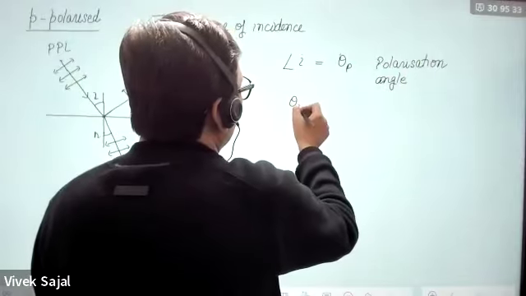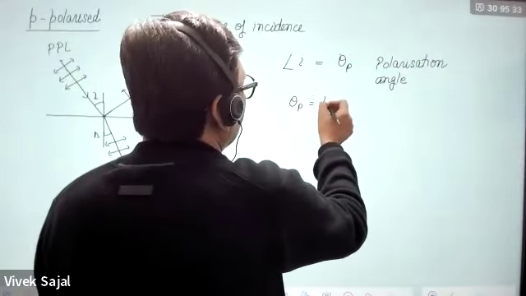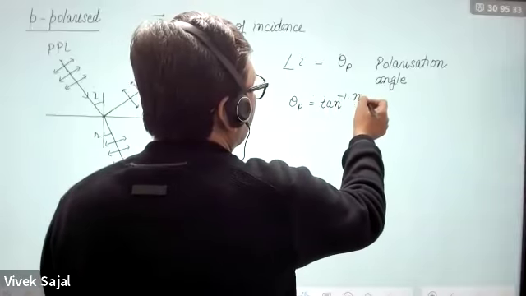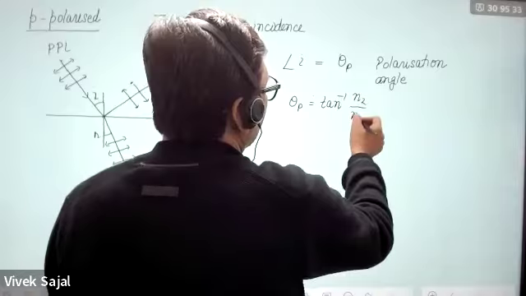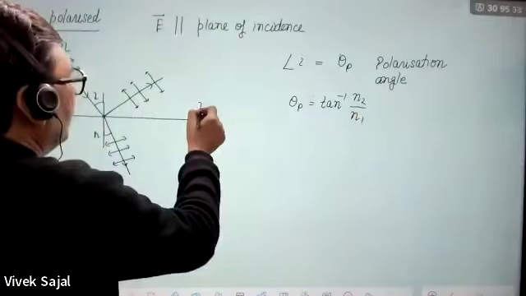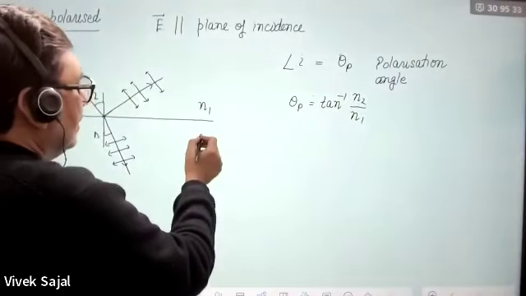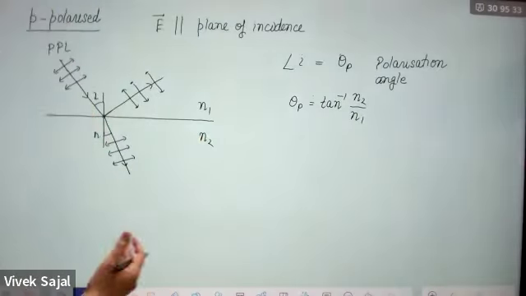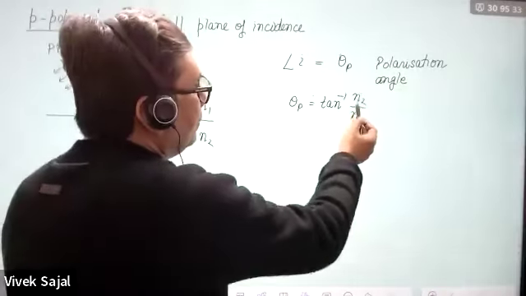Theta p is tan inverse n2 upon n1. This is n1, the first medium from which light is incident, and n2 is the second medium into which light is entering, light is transmitted. So theta p is tan inverse n2 by n1.